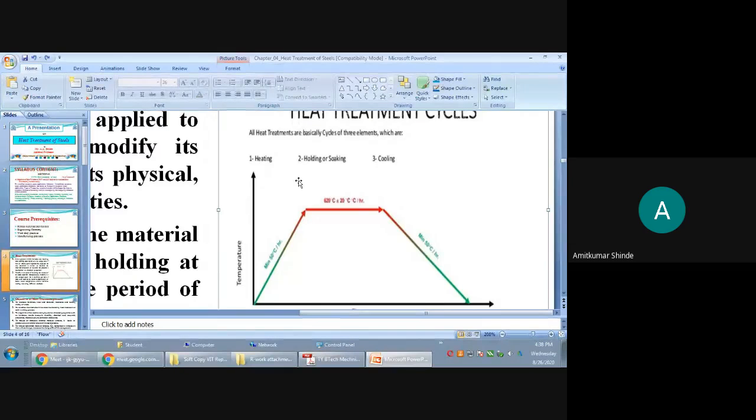If you are not able to achieve the fine grain size, then what will happen? You will end up with inferior properties. Means coarse grains or large sized grains will be there, and after cooling, you will get large sized mixtures of pearlite, or depending on that, a mixture of martensite, pearlite or bainite, different structures.